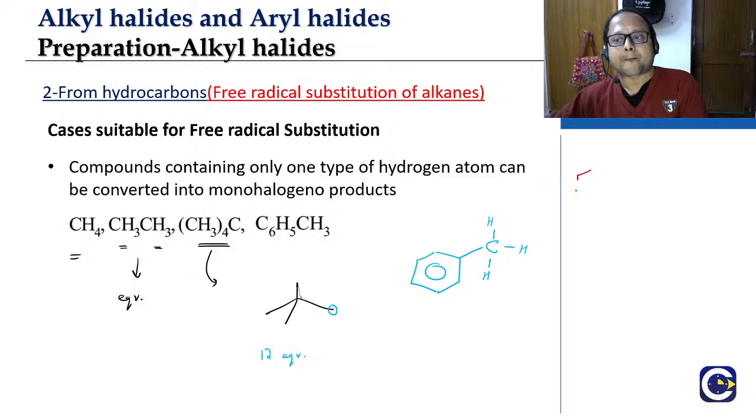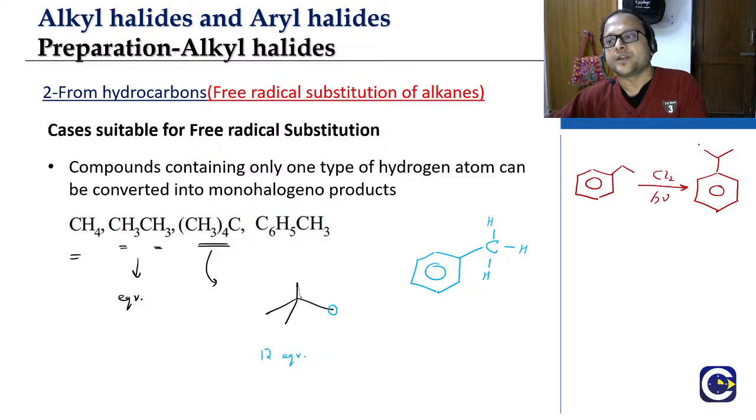Proof is, if you have, say, ethyl benzene, right, and you react this in sunlight, say with chlorine, what you are going to have? You are going to have majority of the monohalogenation product as this. Chlorine will come over here, right, this position. So this is your benzylic position where chlorine is going to come, and of course the mechanism is going to be your free radical mechanism, right? Why this position?